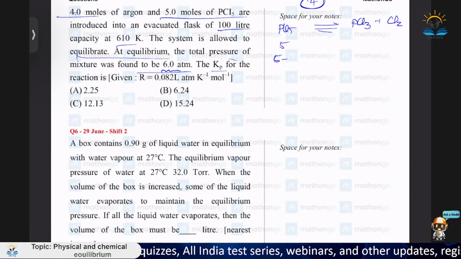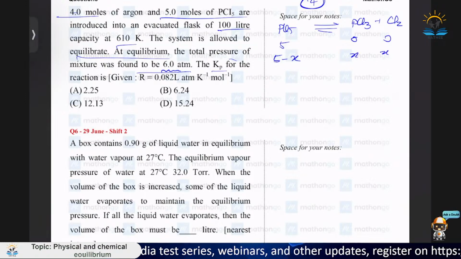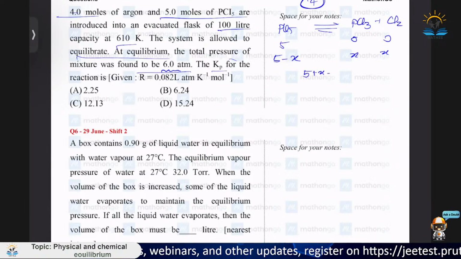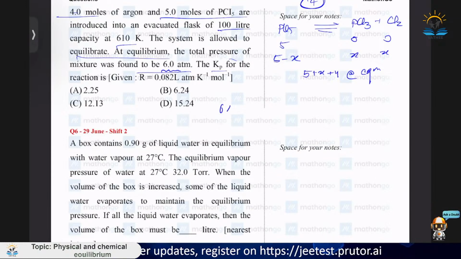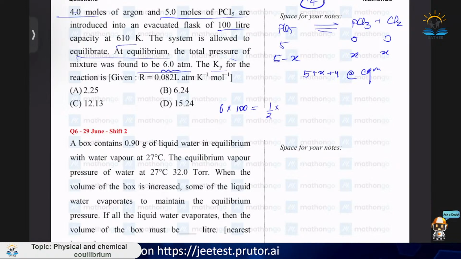We can assume this was the dissociation. Total number of moles are 5 plus X plus 4 at equilibrium. Let us find out, if 6 atm and 100 liter is the capacity, then how much are the total number of moles?